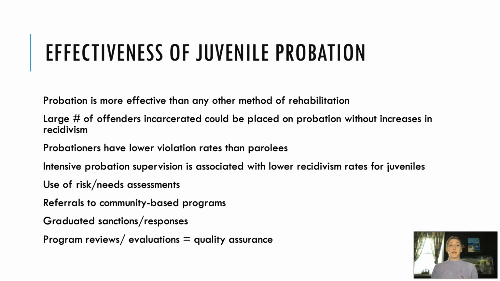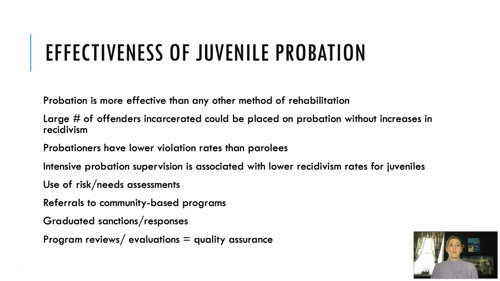Juvenile probation is most effective when we use risk needs assessments to make our decisions, and also when we make referrals to community-based programs. We need to make sure that we're following graduated sanctions and graduated responses, which is meeting the youth and their violations or their crime with an appropriate level of punishment.